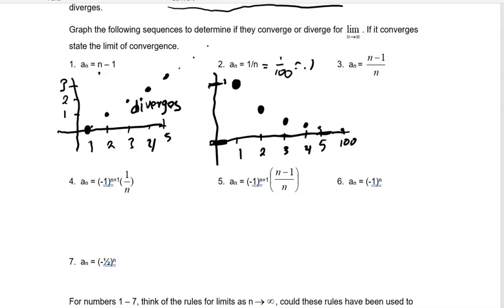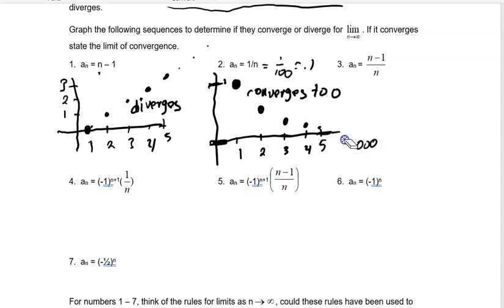If we continue to go 1,000, 10,000, 100,000, and so on, we should start getting closer and closer to the x-axis, which means our limit is 0. We never hit 0, so that's why we would say that this converges to 0, and that would ultimately be our limit. That's what we're getting closer and closer to. All right, so we're converging to 0 in that one.